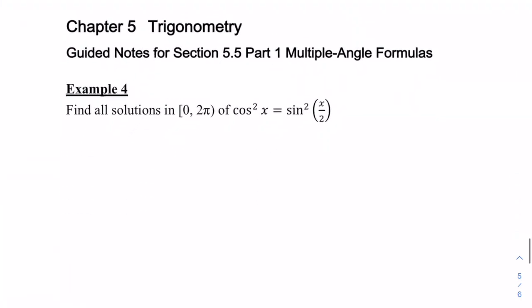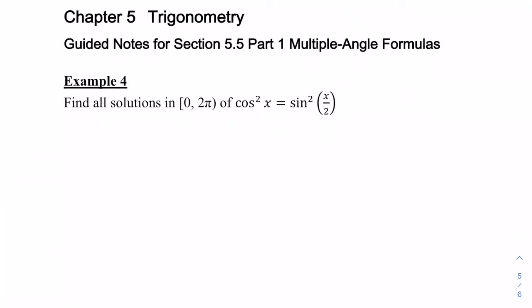For the next problem, we're going to use half angle formulas to find the solutions. So remember, sine squared of x over 2. Well, the half angle was just the square root, so if we square it, it'll just be that radical squared. So it'll be sine squared of x over 2 equals 1 minus cosine of x over 2.